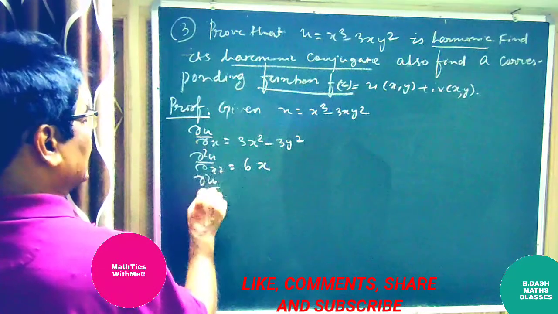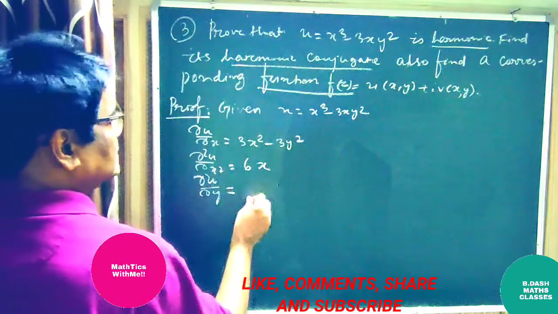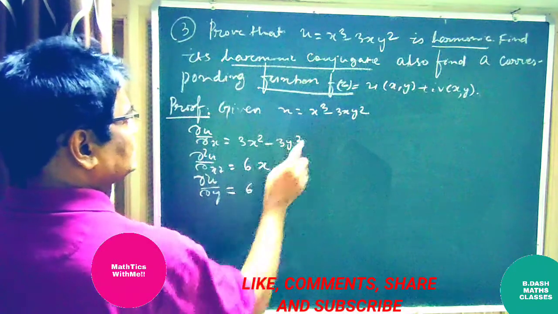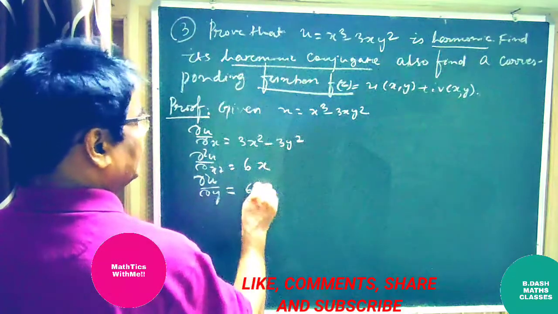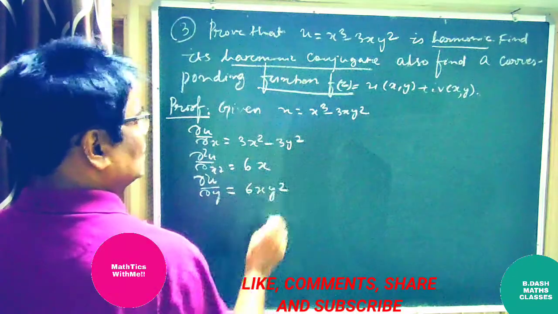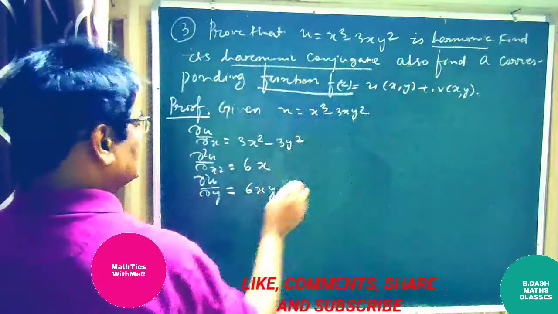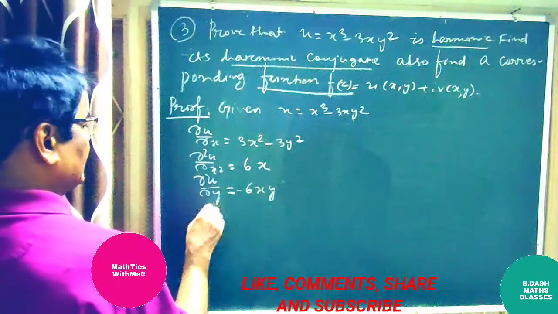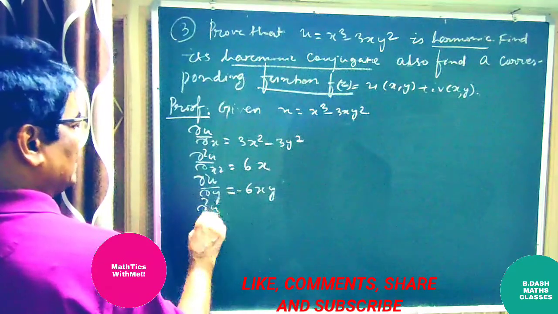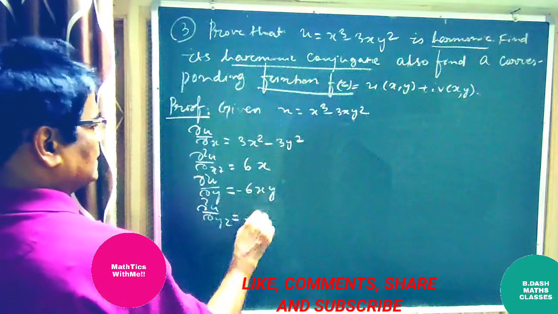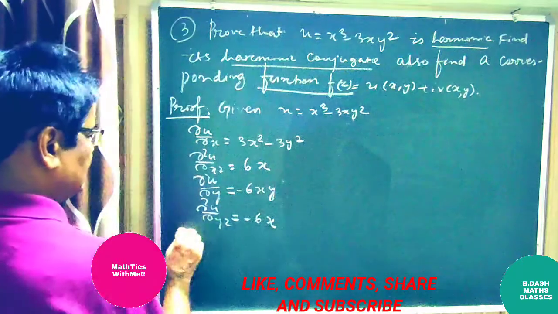Del u by del y is equal to minus 6xy. Del square u by del y square is equal to minus 6x.